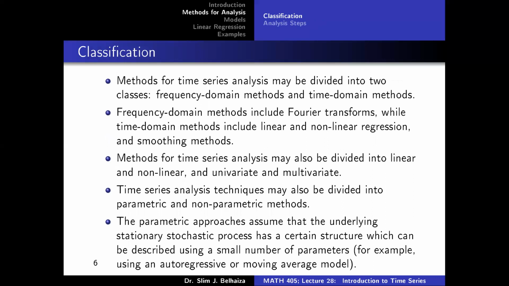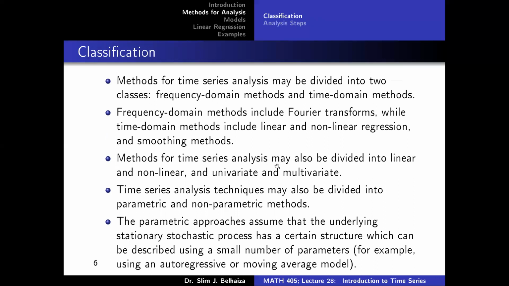Classifications of time series. Methods for time series analysis may be divided into two main classes: frequency domain methods and time domain methods. Frequency domain methods include, for instance, Fourier transforms, while time domain methods include linear and nonlinear regressions and smoothing methods.